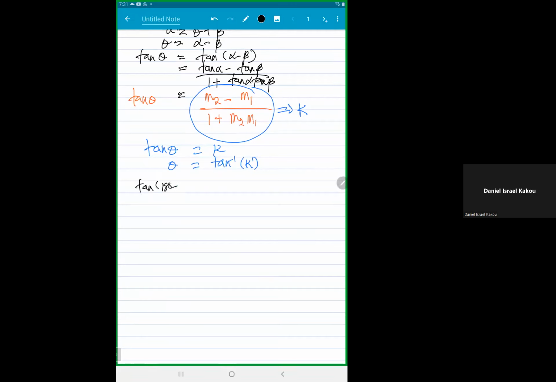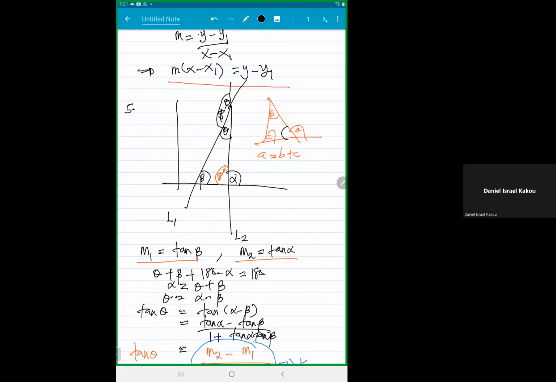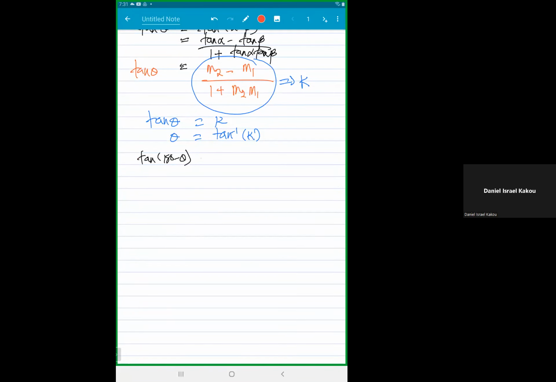In the same way, we can also find the other angle between the two lines. If it is not the theta we are looking for, then the other angle could be 180 minus theta. So we can also come here and find tan of 180 minus theta, using the double angle formula again: tan 180 minus tan theta, all over 1 plus tan 180 tan theta.